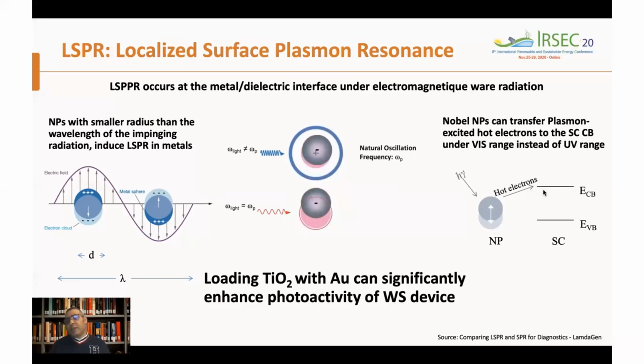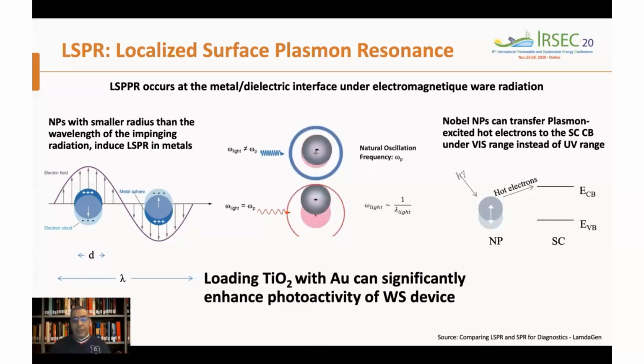So this oscillation will create the hot electron cloud here, and if it is put next to a semiconductor material, it will inject these hot electrons into the conduction band, and it will make more charged electrons in this band, which is a site of reduction for hydrogen production. And here we will have more lack of electrons to be the site of oxidation for the oxygen evolution reaction. So it means that the LSPR will be providing these hot electrons to enhance the photocatalytic activity.